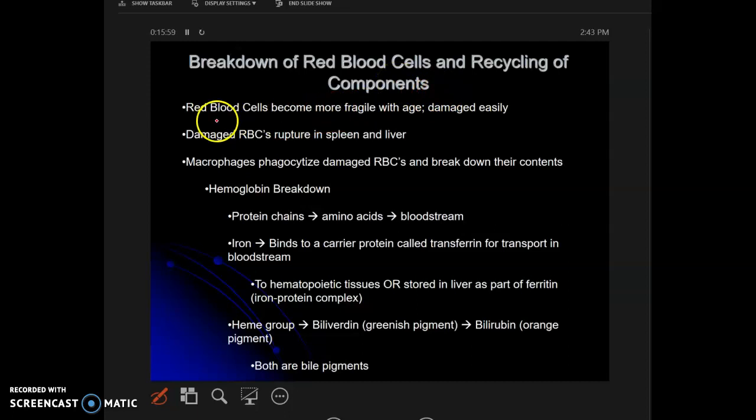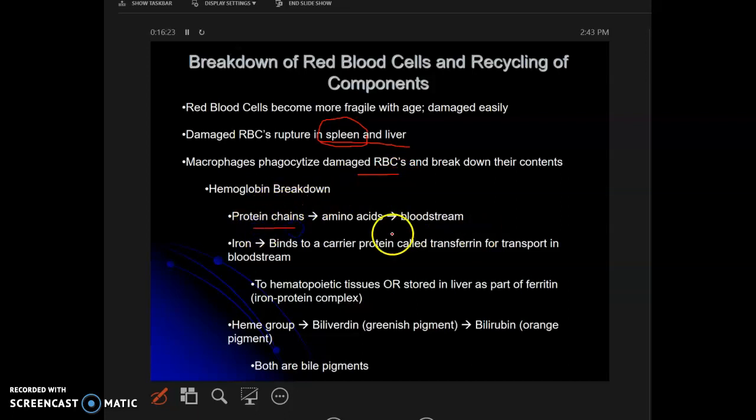All right, breakdown. So the red blood cells have a lifespan of what? What did I say? 120 days. Damaged RBC are ruptured in the spleen and liver. In fact, the spleen is called the graveyard of the RBC. So the macrophage phagocytizes damaged RBC and breaks down their contents. Hemoglobin, how is it broken down?